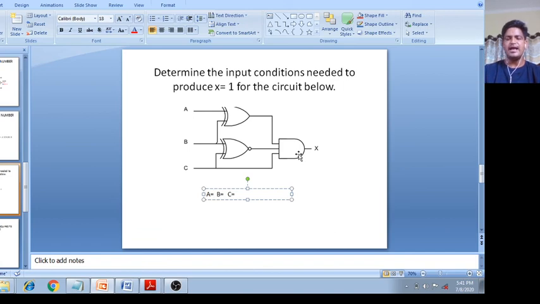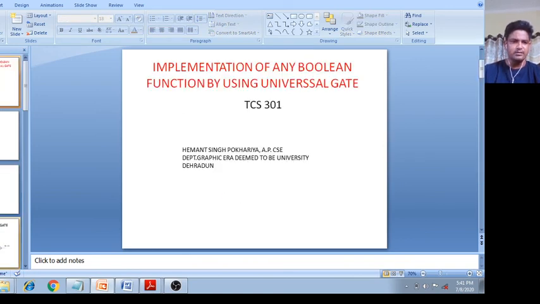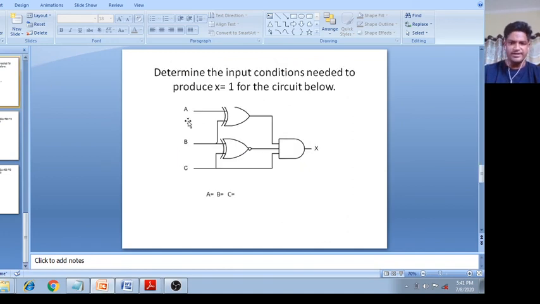In case of an AND gate, output becomes high only if all inputs are high. It means it is 1, it is 1, it is 1. It means C equal to 1.